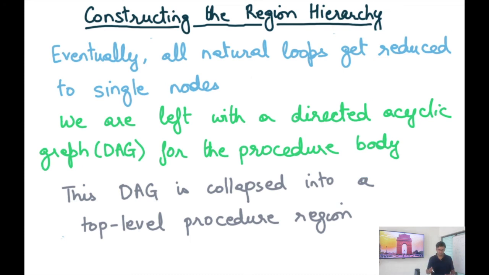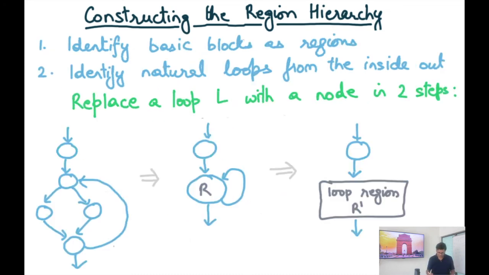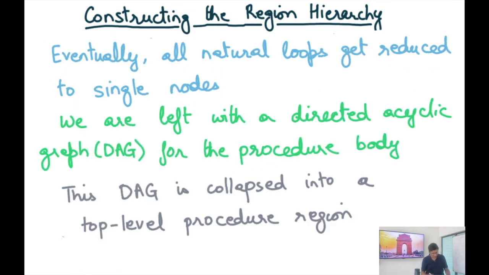Even in this particular example, we are left with just 2 nodes and 3 edges, and this is a directed acyclic graph, or DAG. This DAG can be collapsed into a single top level procedure region. And so we have finished our procedure for constructing the region hierarchy.